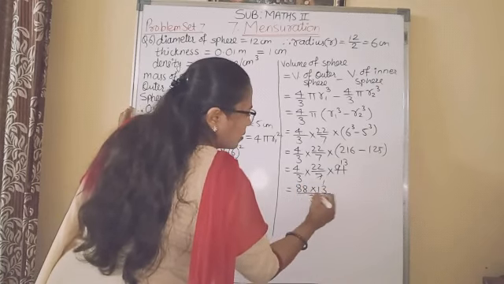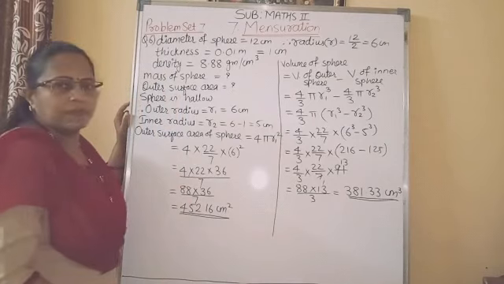If you multiply this and divide by 3, you will get answer 381.33. First multiply 88 into 13 and then divide by 3. You will get answer 381.33. Here unit for volume is centimeter cube. So this is the volume of sphere.